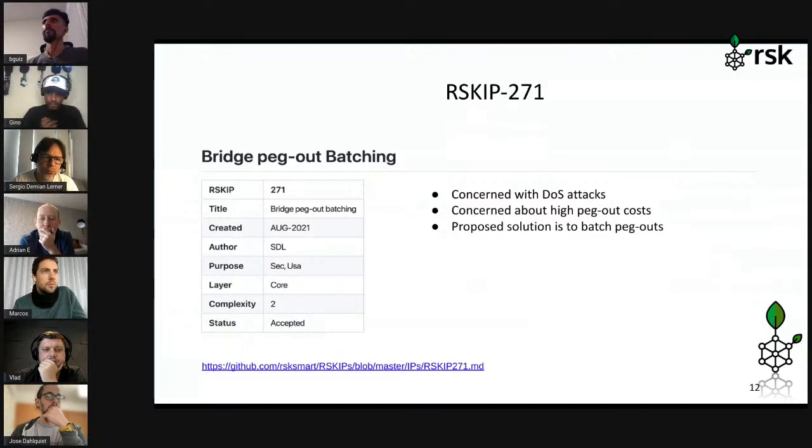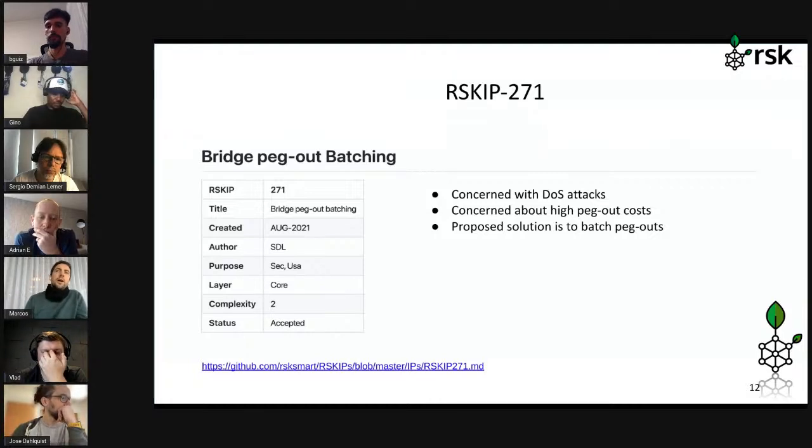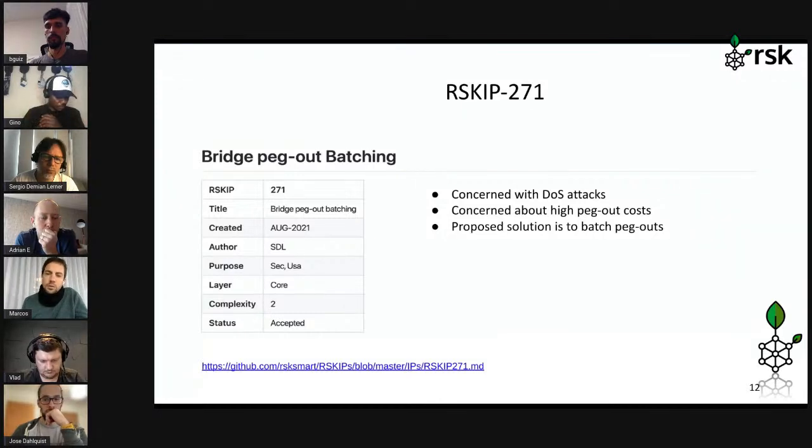So what we propose here is to keep a list of all the payout requests that users make, and every 3 hours, counted in RSK blocks, it's 360 blocks, but it's approximately 3 hours, we create a single transaction that has outputs for each of the users that requested a payout.